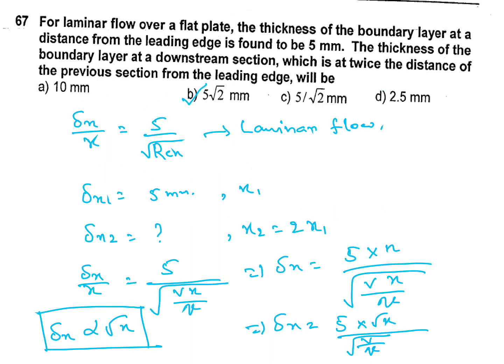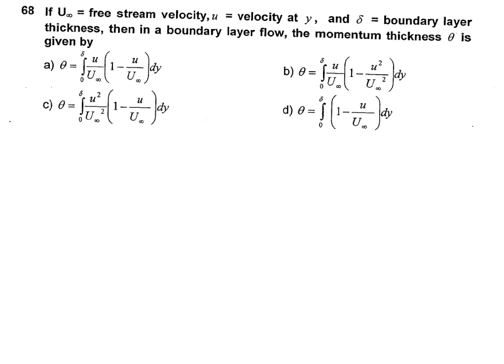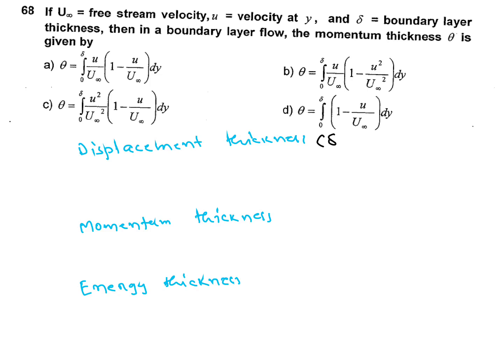The distance from the leading edge in second case. If u infinity equal to free stream velocity, small u equal to velocity at y, and delta boundary layer thickness, then in boundary layer flow the momentum thickness theta is given by how much? Three things are important: displacement thickness delta d, momentum thickness theta, energy thickness delta e.